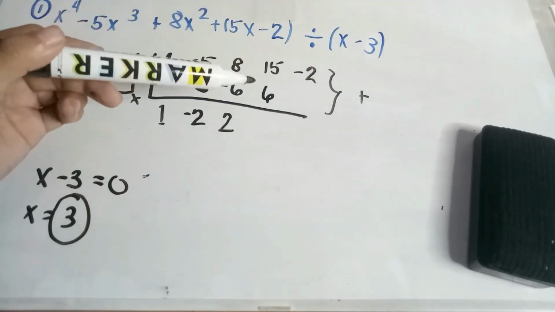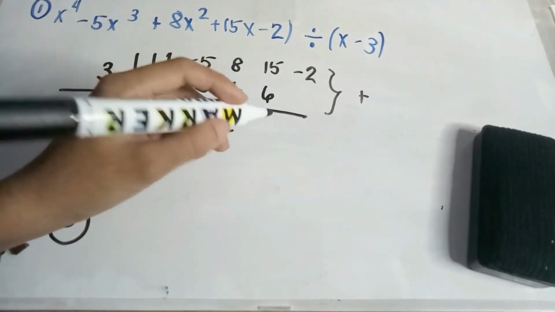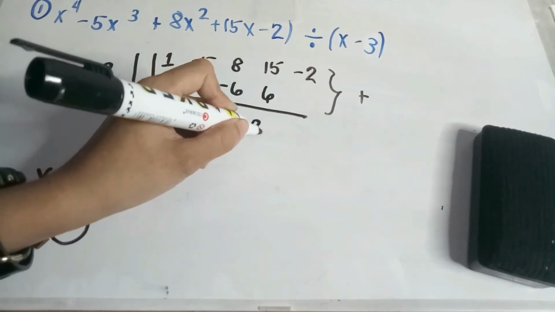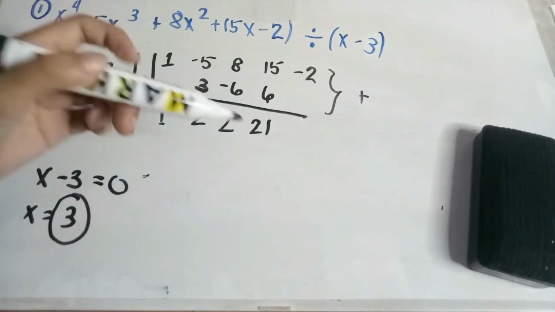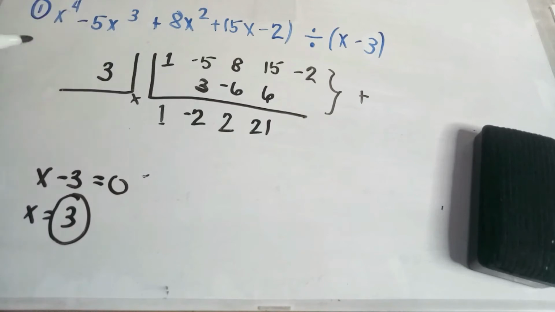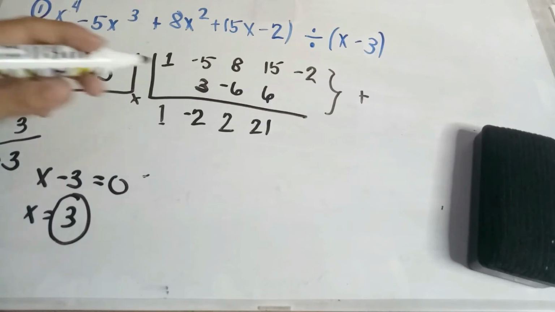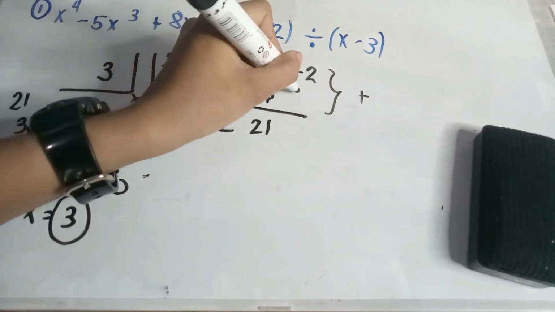Then 15 plus 6 is 21. Then 21 times 3: 3 times 1 is equal to 3, 3 times 2 is equal to 6. So we have 63.